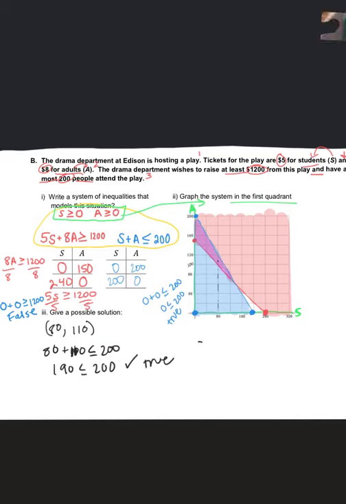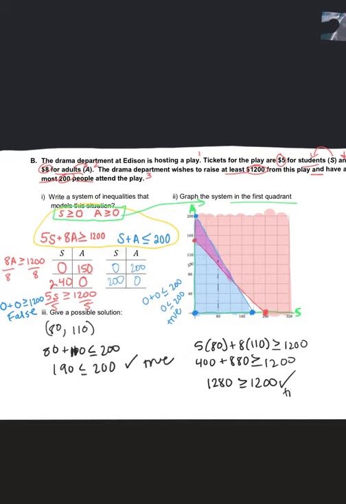So if I do 5 times 80 plus 8 times 110, we have to see if that's greater than or equal to 1,200. That's going to give me 400 plus 880 greater than or equal to 1,200. And that's actually going to give me 1,280. Is 1,280 greater than or equal to 1,200? Yes, this is true.